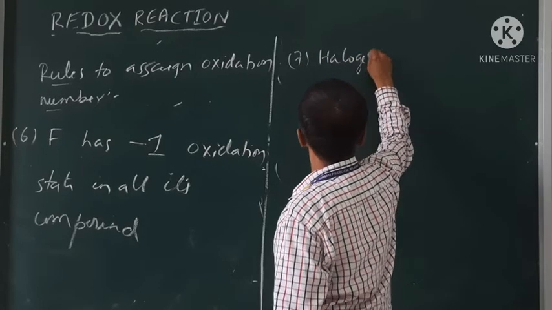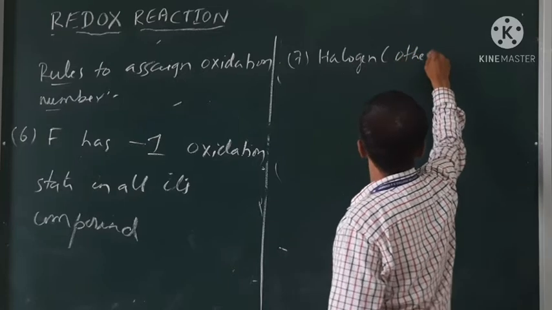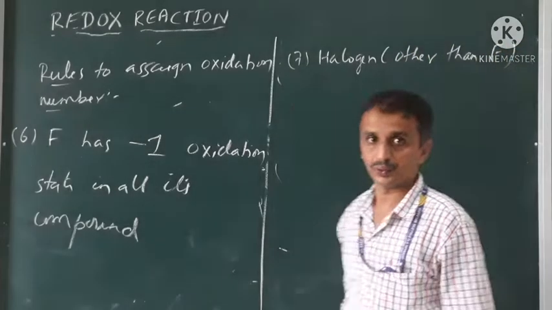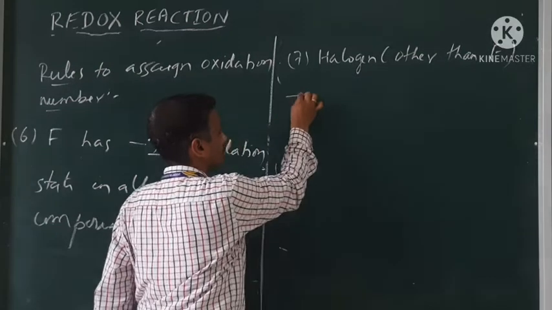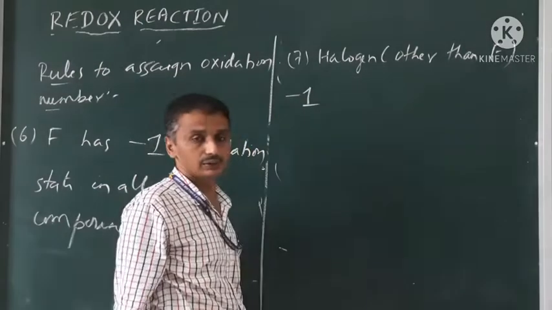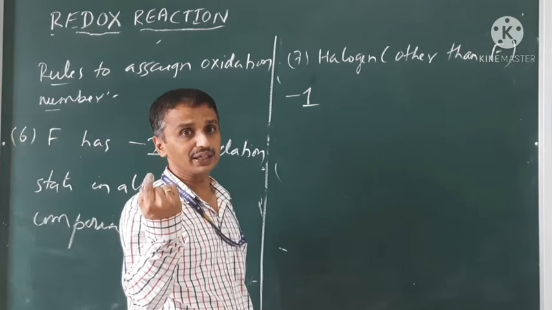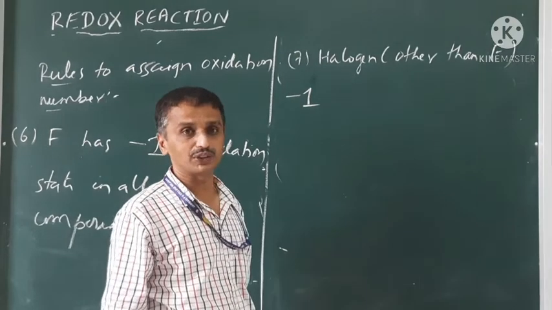Other halogens, other than fluorine, usually show minus 1 state, because ns2 np5 is there. By getting one electron, they can get ns2, np6 configuration.